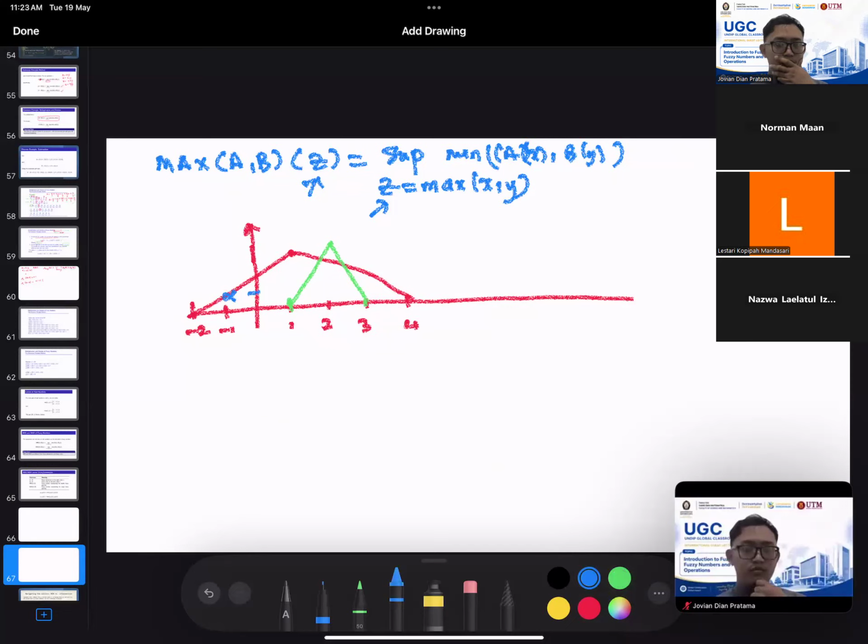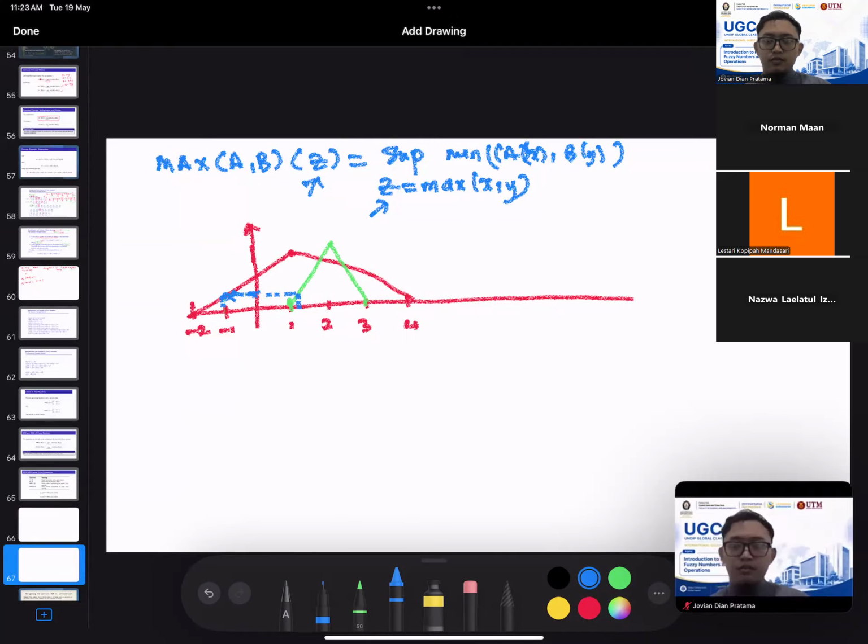For the lower part, let's say this is your x, and this is your y. From x and y, which one is actually the maximum? Definitely y.